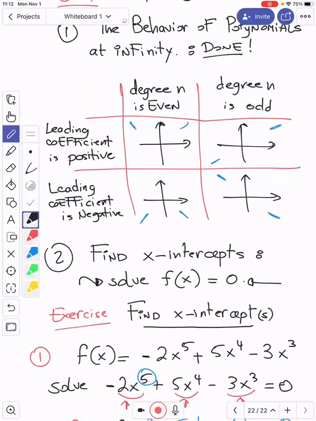So you're going to use this table to determine the behavior at infinity. Yeah, I'm going to show you an example how it works. Once you have this table, it's not really hard to determine the behavior at infinity. So let me show you with an example.